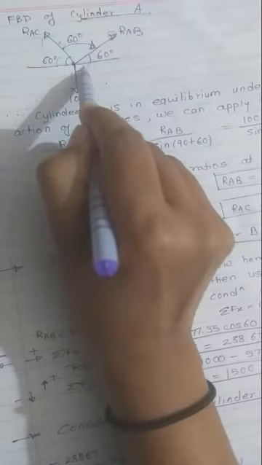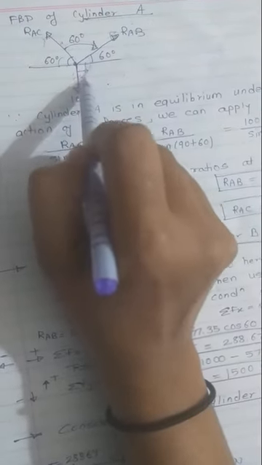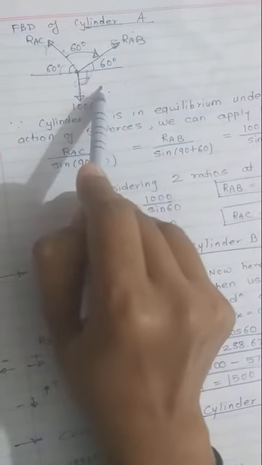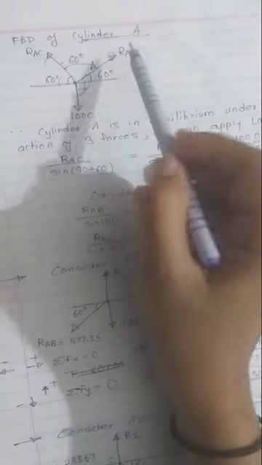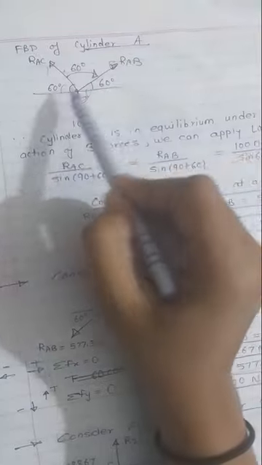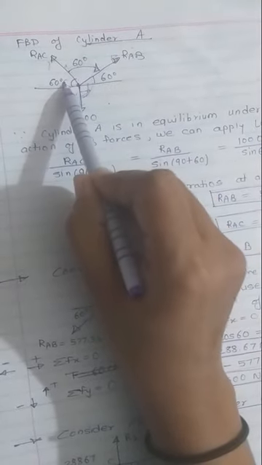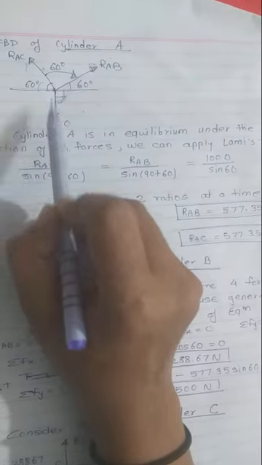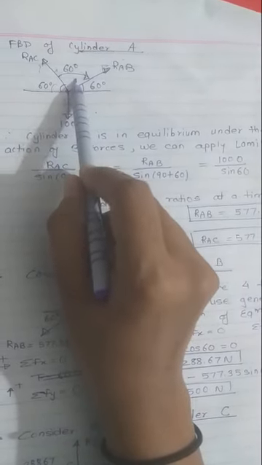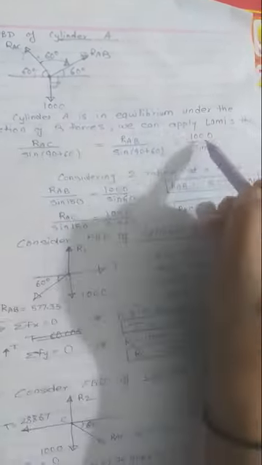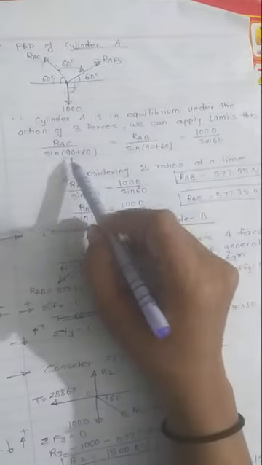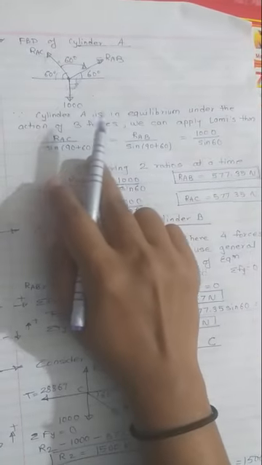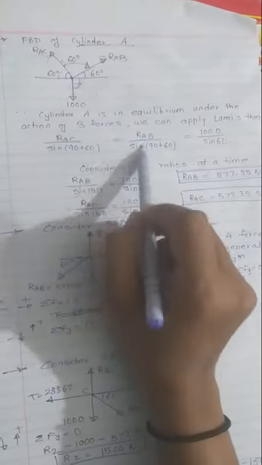This is 90 and this is 60. So R_AC divided by sine of (90 + 60) is equal to R_AB divided by sine of (90 + 60). Similarly, 1000 divided by the sine of the opposite angle, sine of 60. Correct?